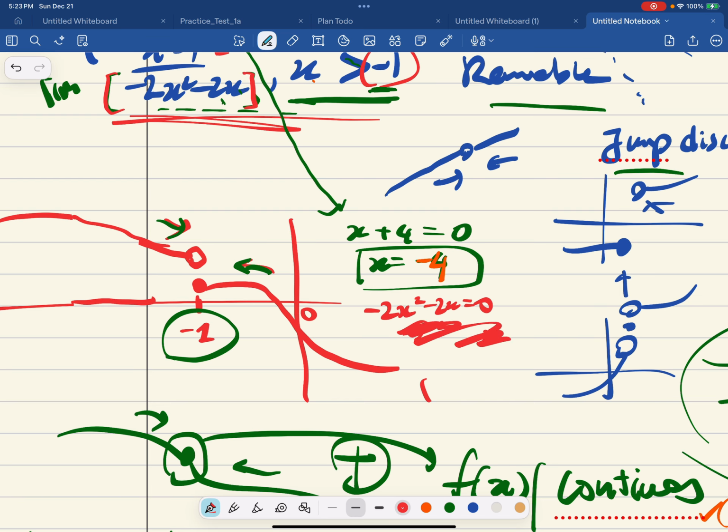Should have done otherwise. Yep, and then you set that equal to 0. Oh well, this example does not work. Sorry, this example does not work at all. This was an example that doesn't work.